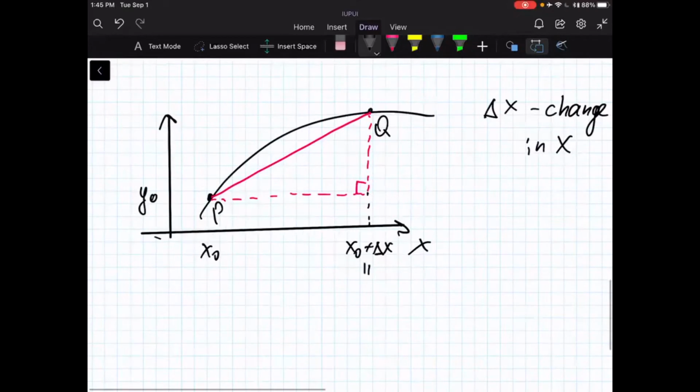We can call it x2, but for some reason, it's better to consider this point as x0 plus some delta x. And we can say that x has been given an increment delta x. Sometimes delta x is also called increment.